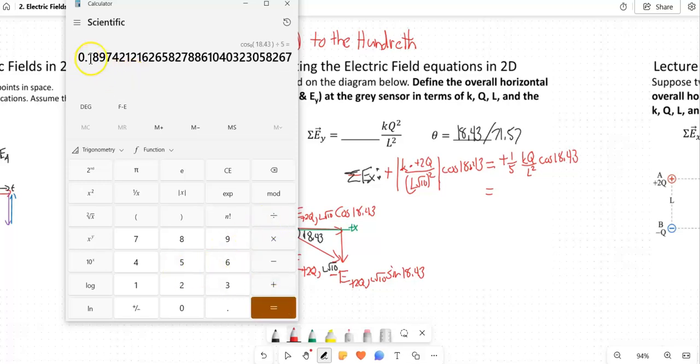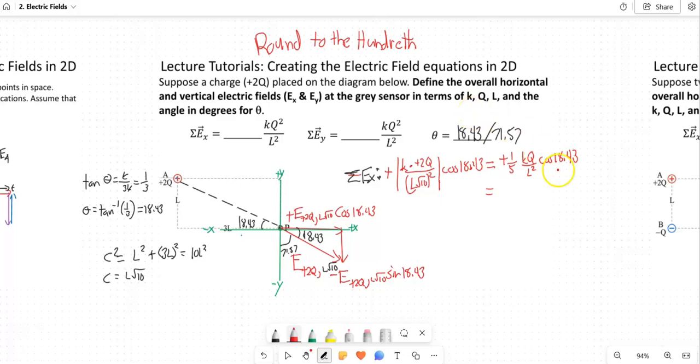So 0.189. So that's going to be 0.19. So that's going to be positive 0.19 KQ over L squared. So that's going to be positive 0.19. All right.